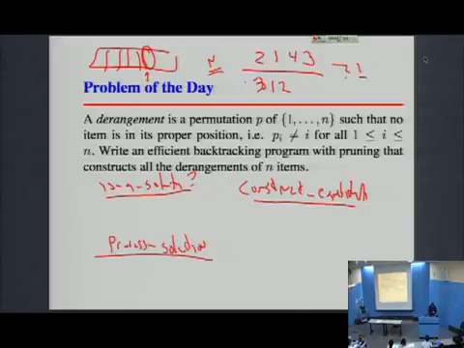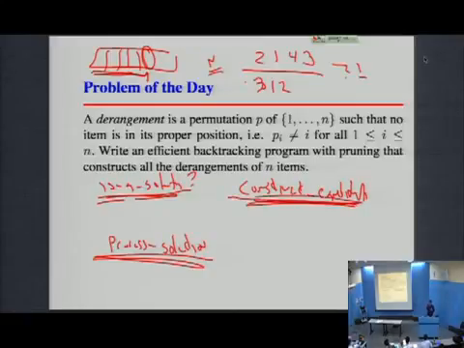I might go to the board if this is helpful. Backtracking, remember, said: given the contents of my array so far, is it a solution? If it is a solution, process it. If not, construct all possible candidates for the next spot, and then one by one try each and then backtrack.